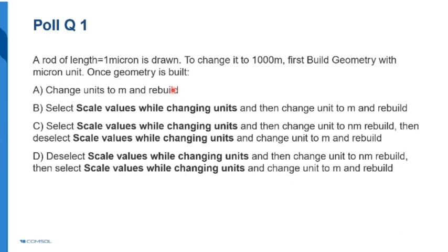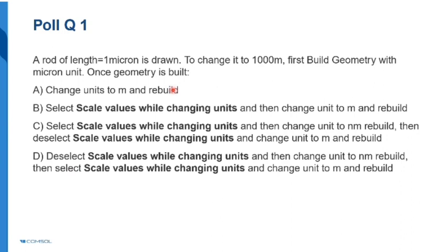Now the next option is to select the checkbox to scale values while changing the units, and then change units to meter and rebuild it. Will it give 1000 meters? Please think about it. And there are two other options given. First, select that checkbox, then change the units to nanometer, rebuild that cylinder, go back to that checkbox, deselect it, and then change units to meters and rebuild.